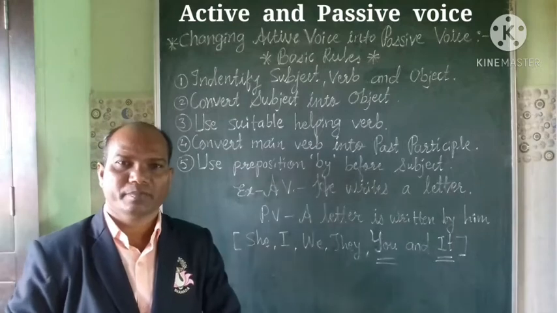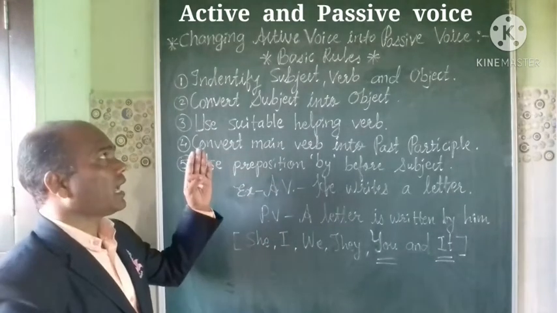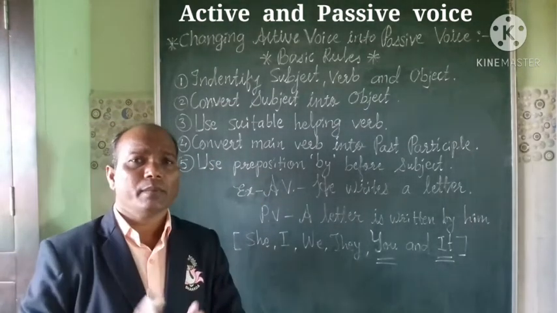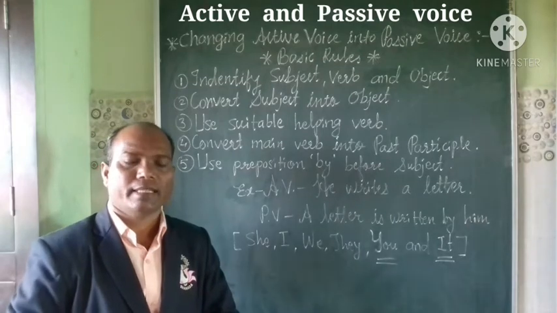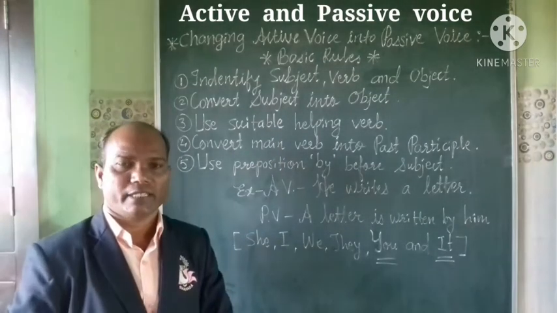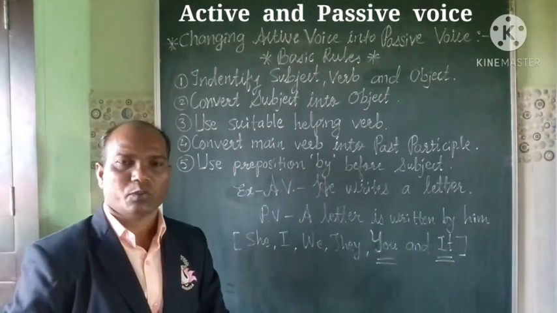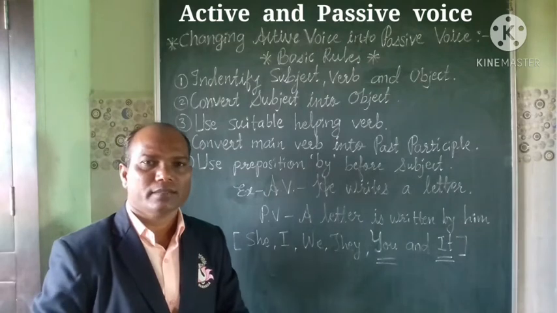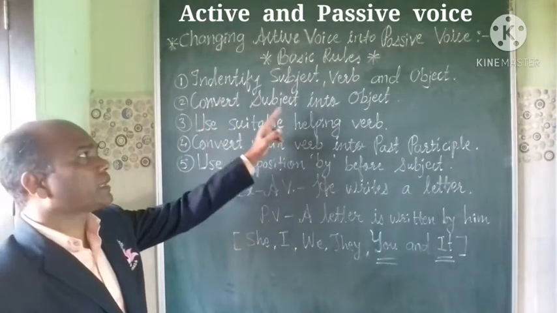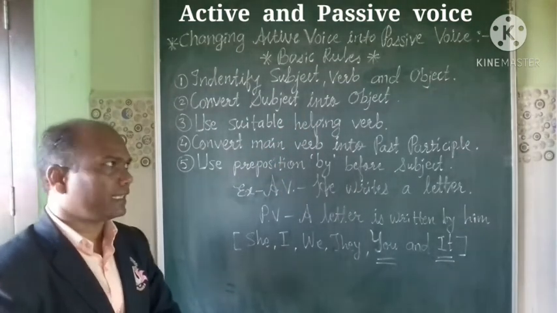Now dear students, let us try to understand how to change active voice into passive voice. There are some basic steps, some basic rules. So let's understand all those rules. First, identify subject, verb and object in the sentence.